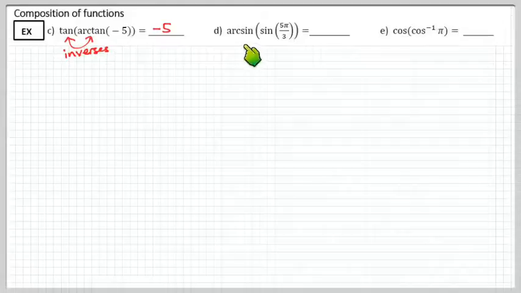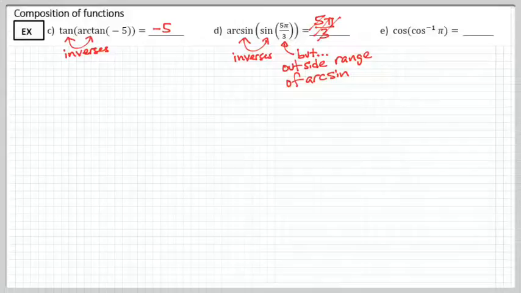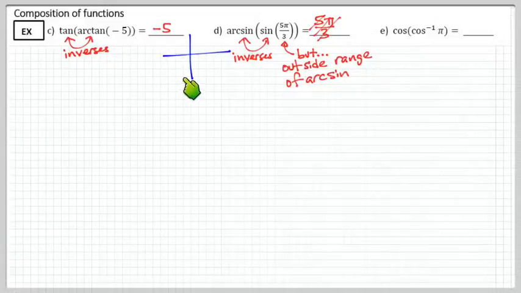Now you might think the same thing here. Arc sine, sine, inverse functions. Easy, the answer is 5 pi over 3. But no, it's not. Yes, they are inverses, but 5 pi over 3 is not within the legal range of our output. Our output has to be between negative pi over 2 and pi over 2.